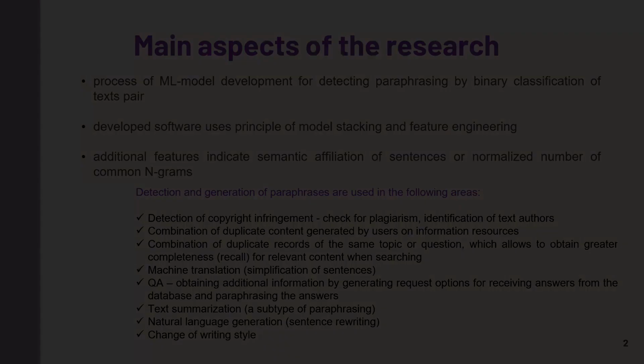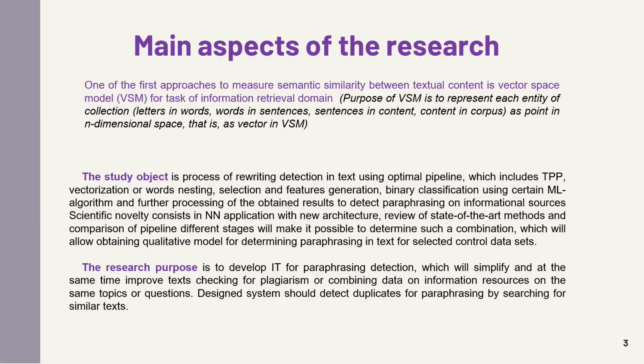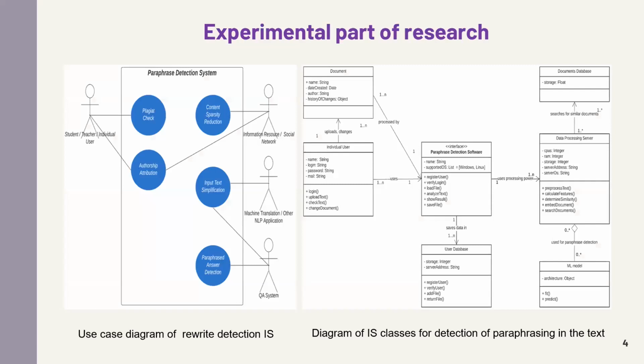The process of paraphrasing consists, to our mind, in text rewriting to change words and sequence while preserving the original meaning. Rewrite detection plays a vital role in various NLP tasks, including plagiarism, authorship detection, machine translation, and so on.